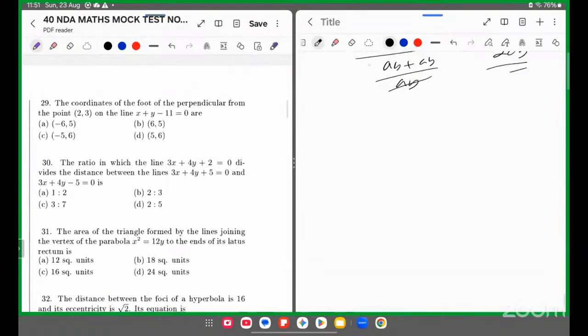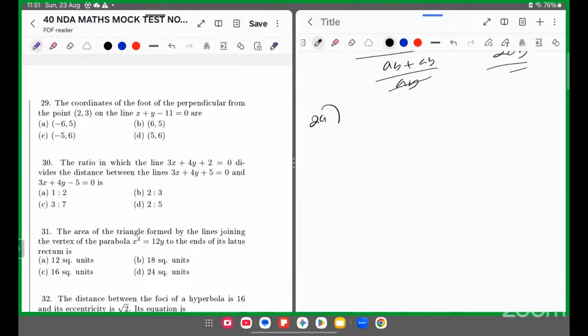Question number 29. The coordinates of the foot of the perpendicular from the point on the line.